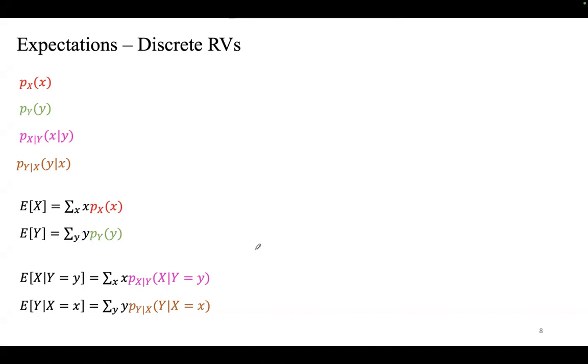So let's take a look at some examples again. The same formula, the same probability distribution, using the same expression. Can you think what would this be? How should we go about it? We're using this formula right here, okay?